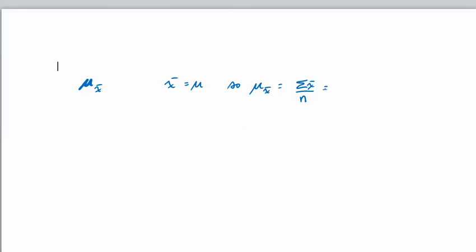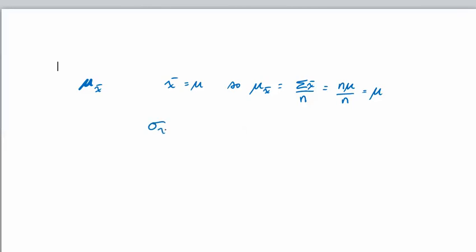Now, if the means are all the same, then the sum of them is going to be equal to n times our population mean, and then we're dividing by n, so we get mu, which is what we found in our example so far.